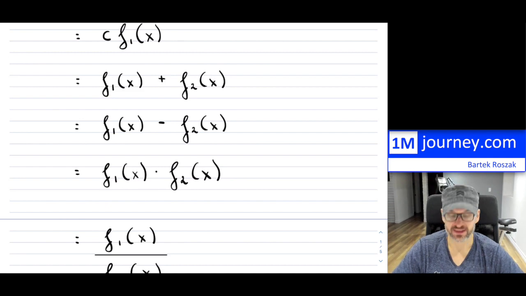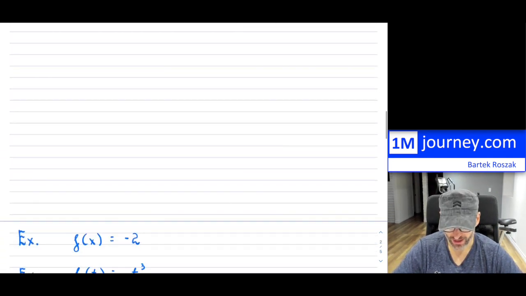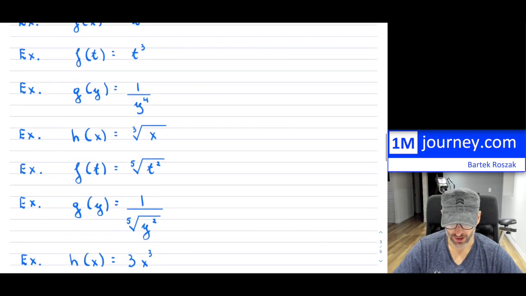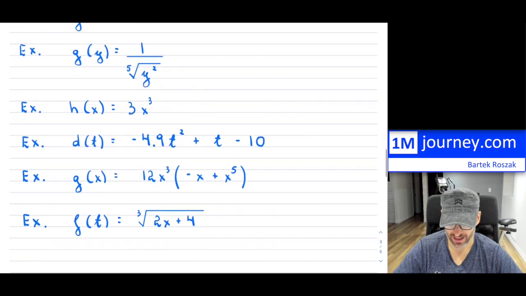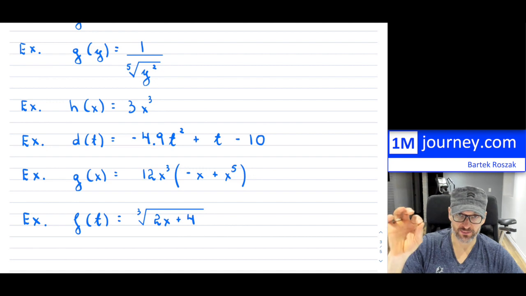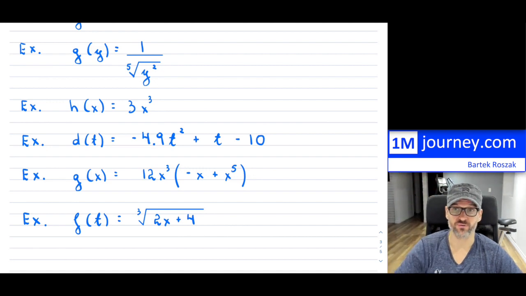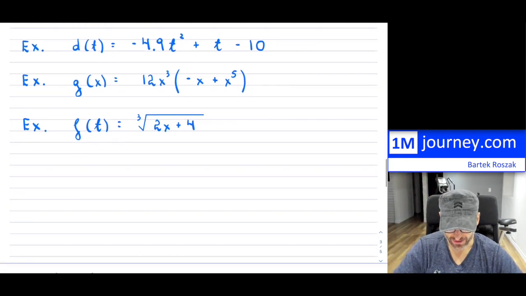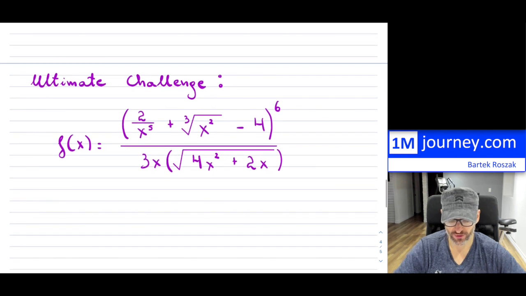So let's break it down one by one, and then I'm going to apply it individually to various examples. Each example is basically all the different rules. And then at the end, I'm going to challenge you. I'm going to throw this ugly function at you, and let's see if we can take the derivative of that.